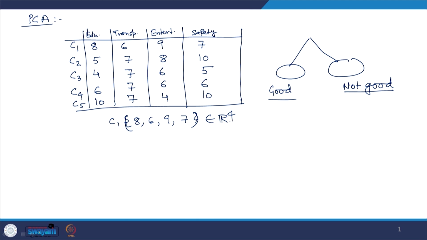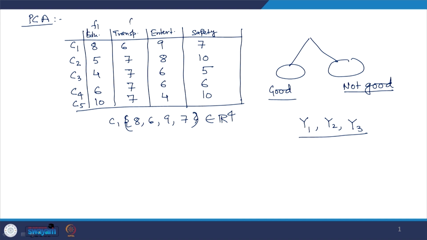What is happening here? Suppose I do not want to classify with all 4 features. First, I want to reduce this data into 3 features. So, instead of these 4 attributes, education, transport, entertainment and safety, I want 3 features, so that I can have a 3-dimensional plot for all these 5 city data, and then classify them using some hyperplane in R3.